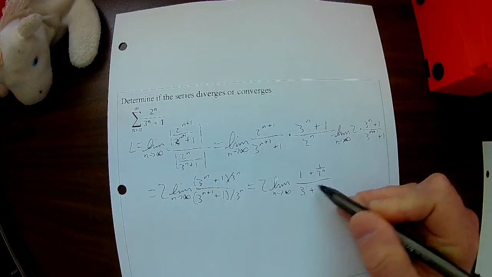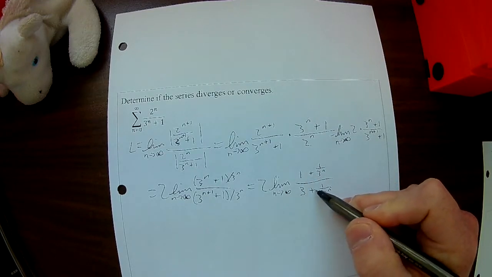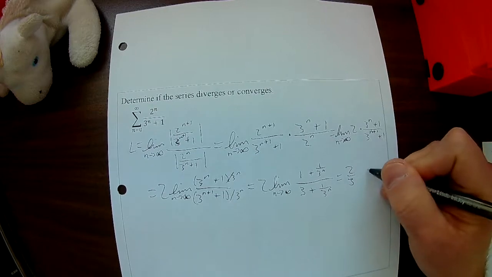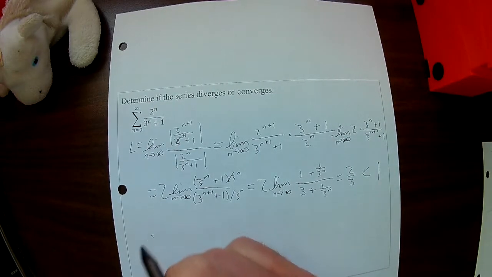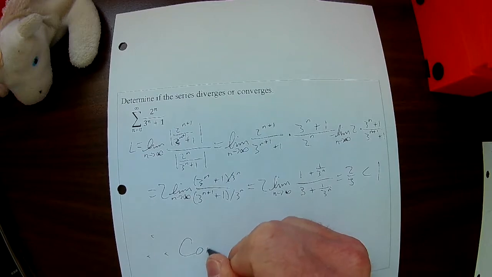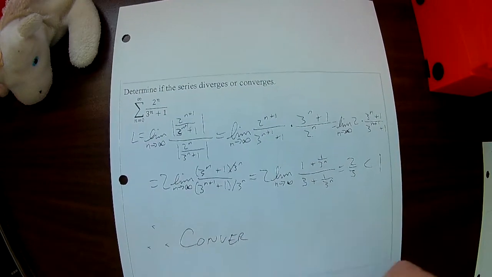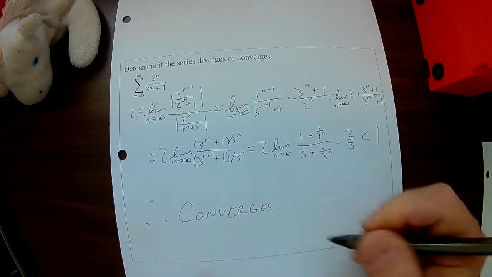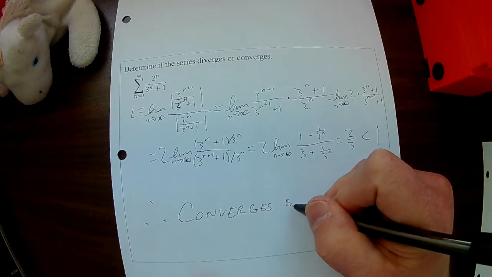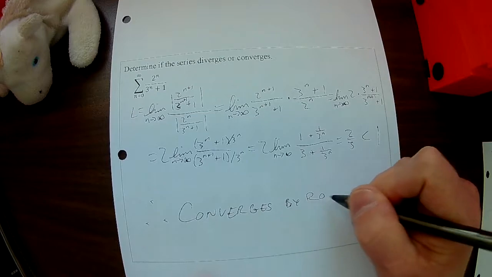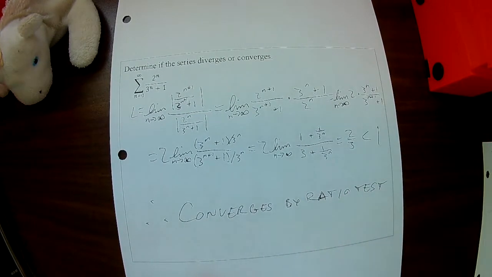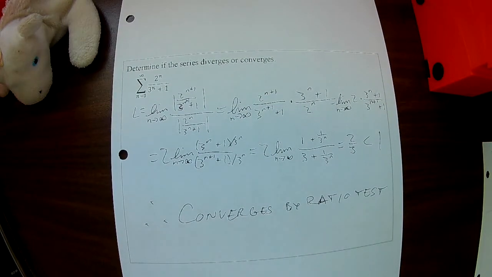Oh, that's 0 as well. So I have 1 plus 0 over 3 plus 0. That's 1/3 right there. This ends up being 2/3. Is 2/3 less than 1? Yes, it is. Since 2/3 is less than 1, this converges by the ratio test. All right? Boom, boom, boom, boom.